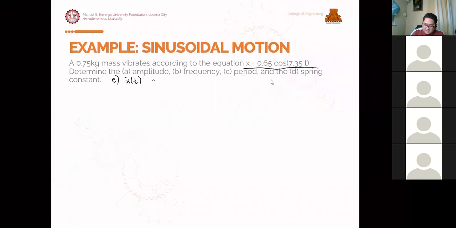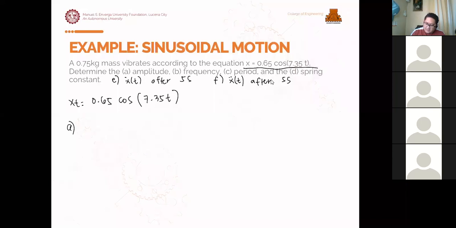Velocity after 5 seconds. Tsaka yung acceleration after 5 seconds. Okay? So, yung formula natin, x(t) equals 0.65 cosine of 7.35t.